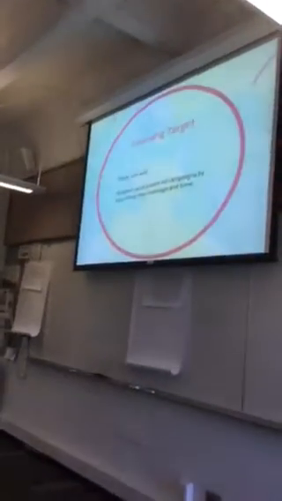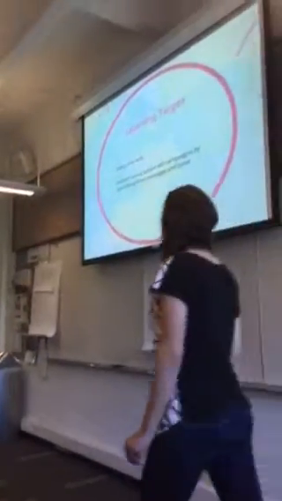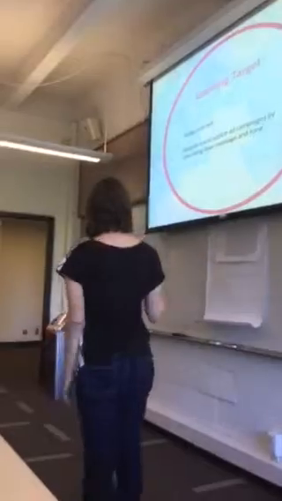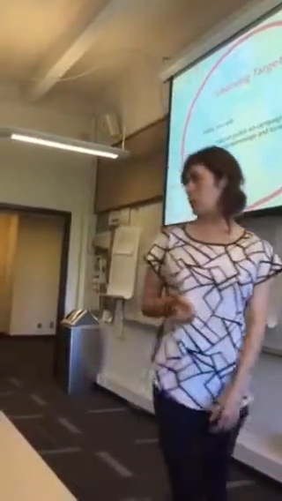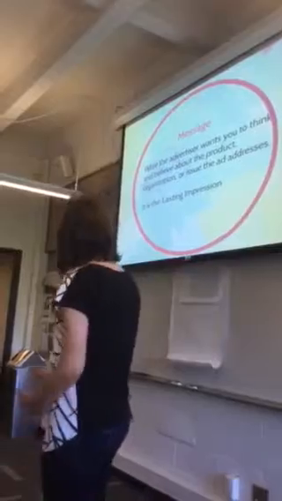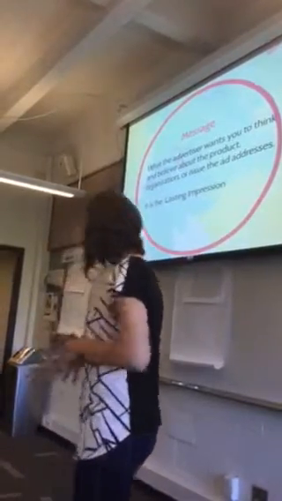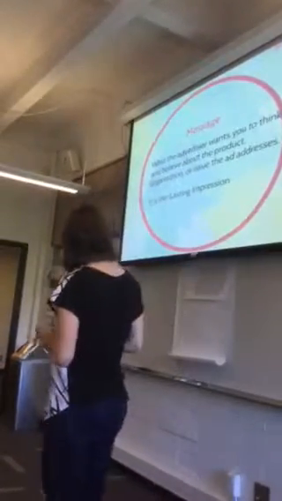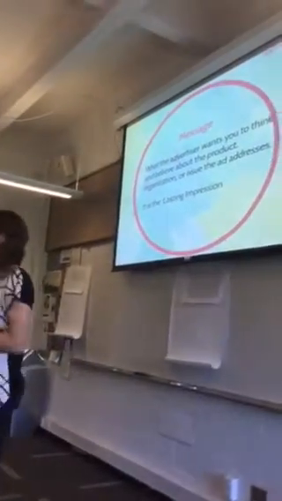Okay, so today you're going to analyze social justice ad campaigns, and the way you're going to do that is you are going to describe their message and tone. If you remember, the message is what the advertiser wants you to think and believe about the product, the organization, or issue the ad addresses. It's the lasting impression.